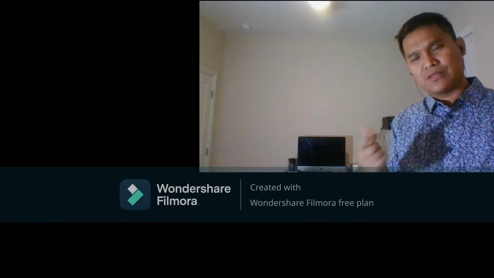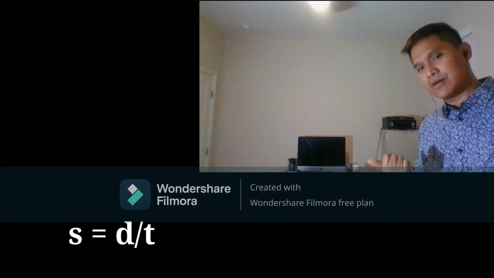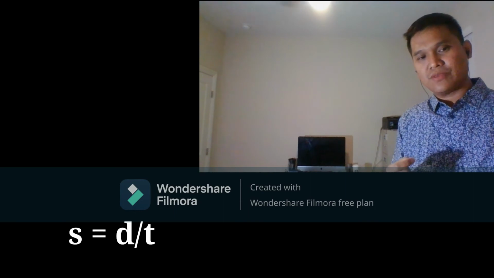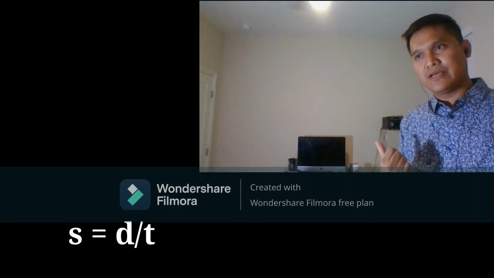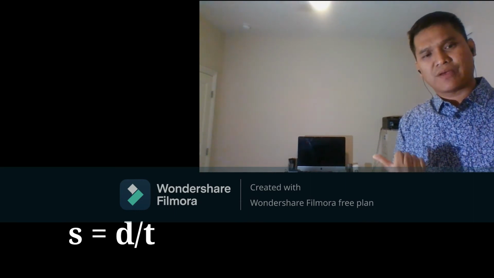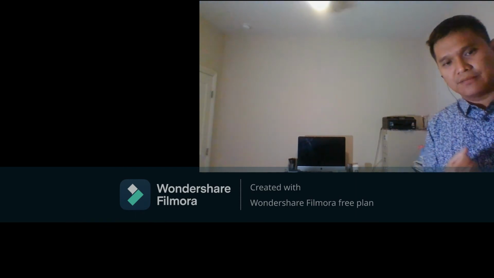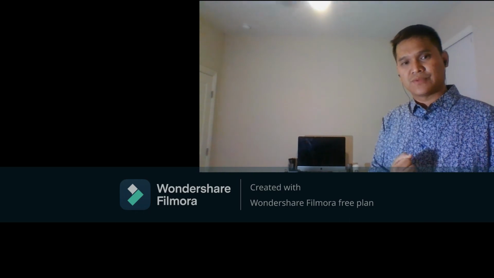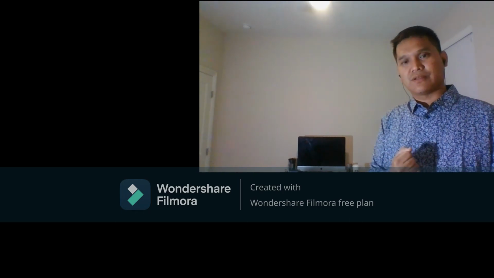Distance is a scalar quantity and time is a scalar quantity as well. So speed is a scalar quantity. So s equals d over t. That is the mathematical formula for speed. Speed does not depend on direction. So they are scalar quantities.